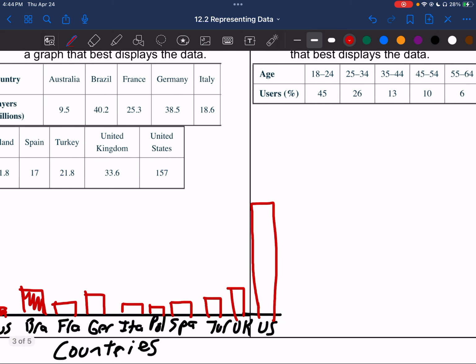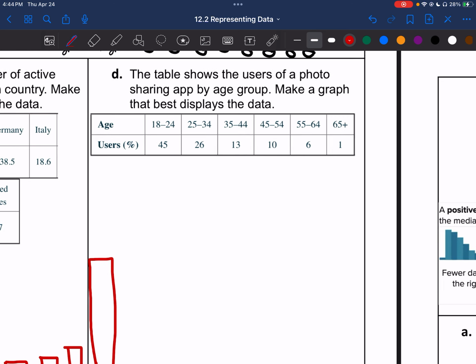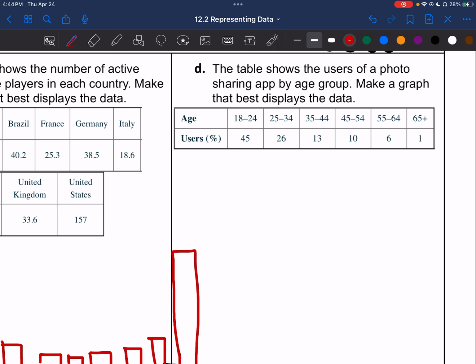All right, so now let's look at the table that shows users of a photo sharing app by age group, and we want to know what is the graph that best displays the data. We have our graph. I see that my low end has 1% of users, my high end has 45%.